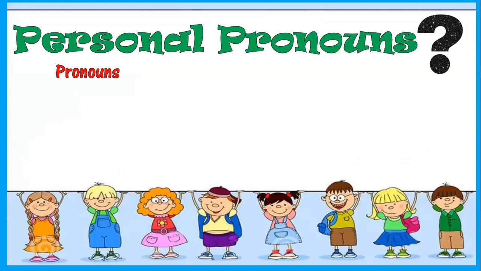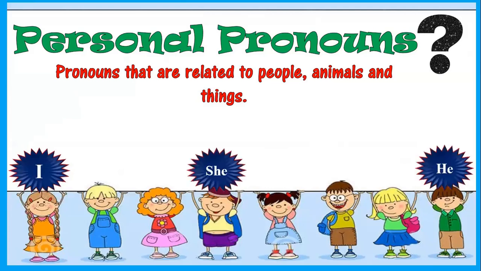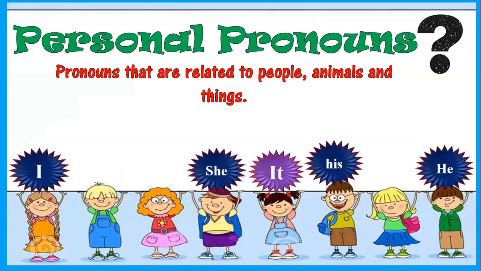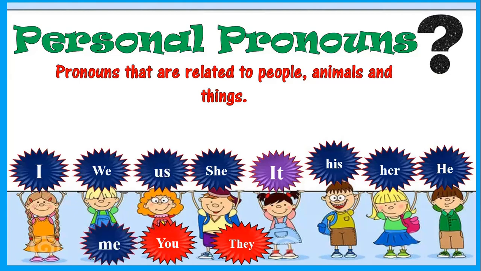So personal pronouns are pronouns that are related to people, animals, and things. And there are 12 personal pronouns in the English language. I, he, she, it, his, her, they, we, you, us, me, and them.